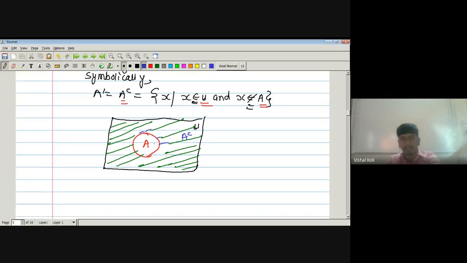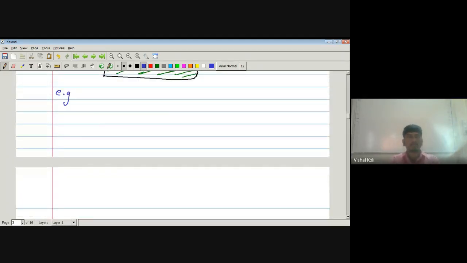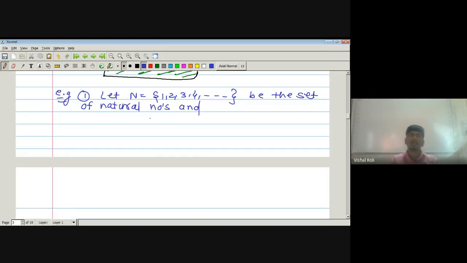For example, let capital N equal 1, 2, 3, 4 and so on be the set of natural numbers, and let A be a set which contains the elements 1, 3, 5, 7, 9, 11 and so on.